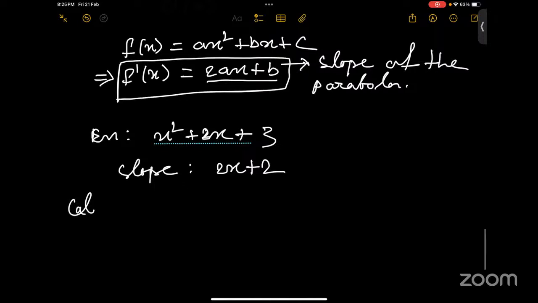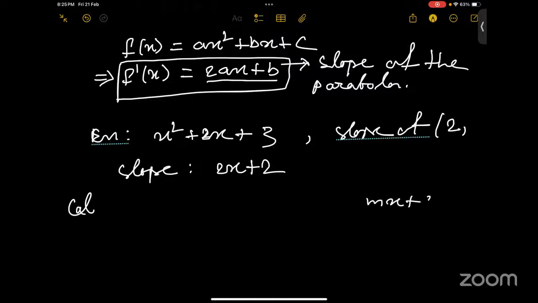Suppose the question is that you have to calculate the slope at 2 comma some y. Ma'am, the equation y = mx plus c could also be used? Yes, mx plus c is the equation of a line, where m is the slope of the line. So 2 comma some y, we can calculate via this equation.